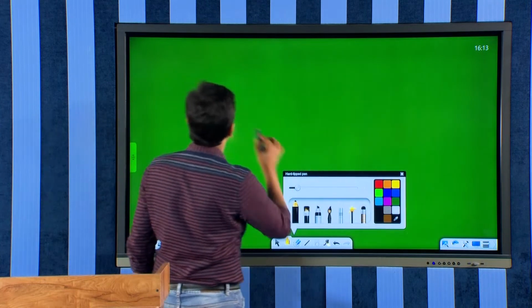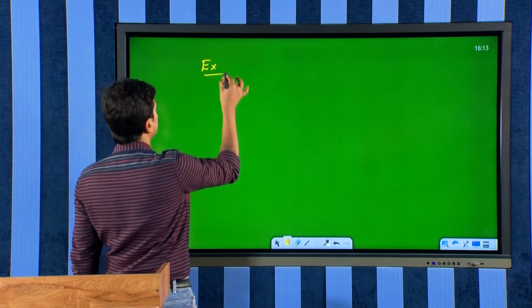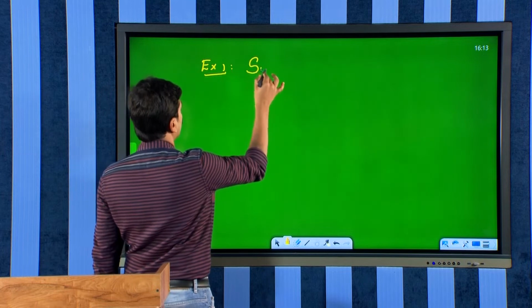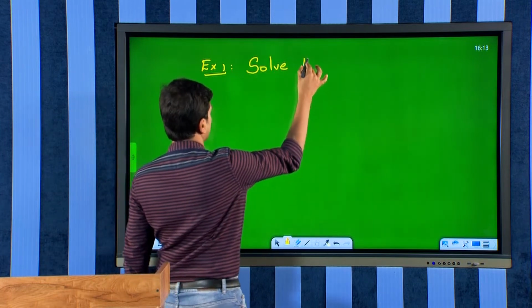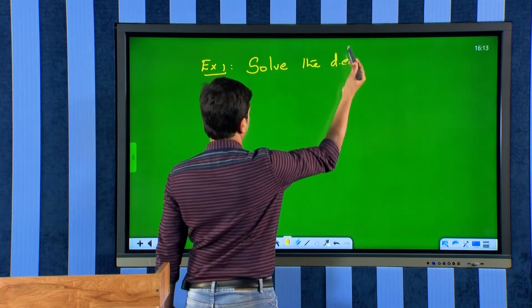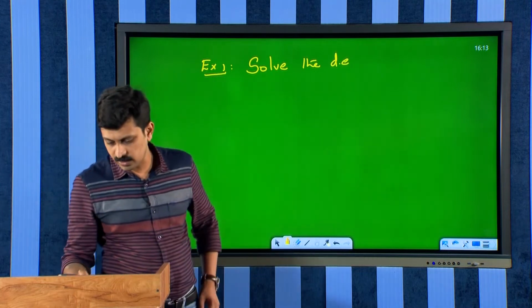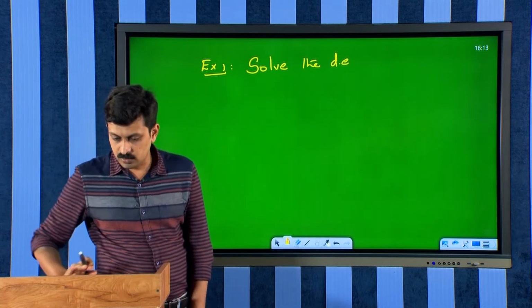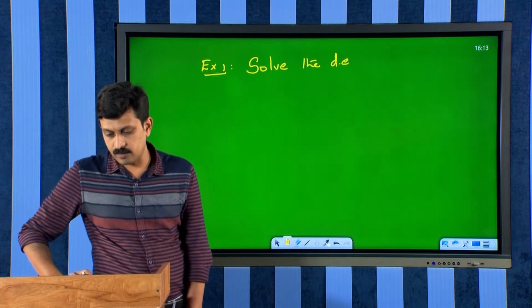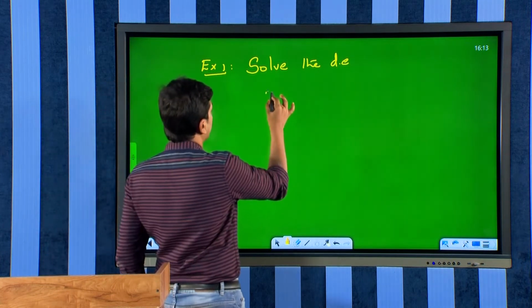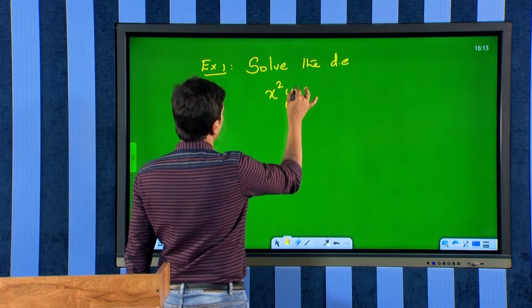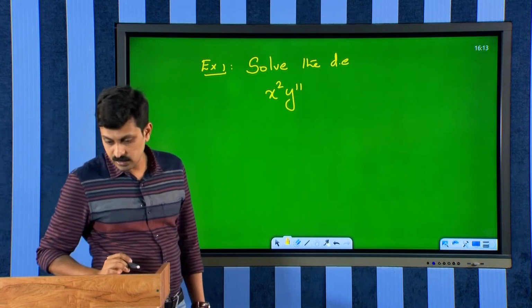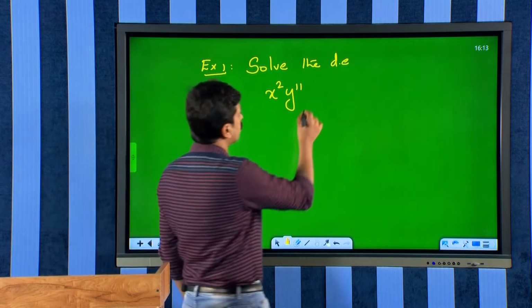Example 1. Solve the differential equation x square y double dash minus 3 x y dash plus 4y is equal to 0.